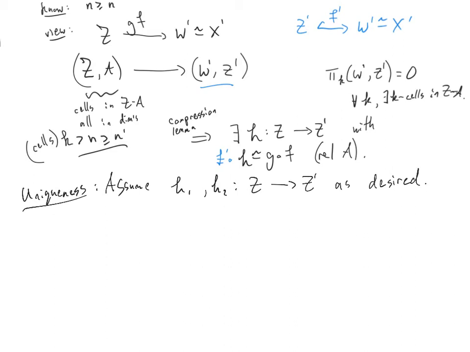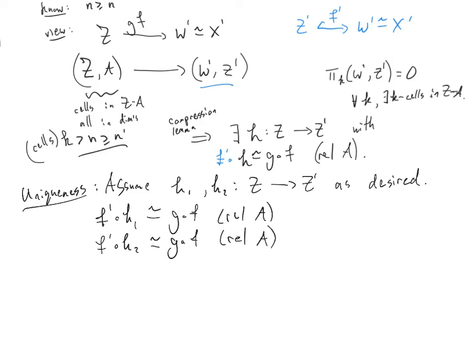Then we have both that f prime of h1 is homotopic to g of f rel a, and f prime of h2 is homotopic to g of f rel a. So both give maps after composing with f prime, not into z prime, but into w prime. So both give maps, which I'll just call the same thing, h1 and h2, going from z to w prime.